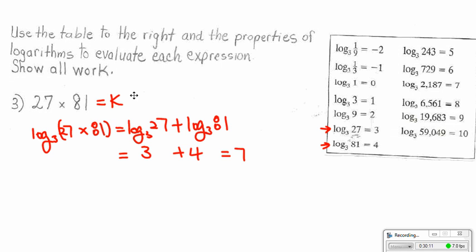That means log base 3 of something must be equal to 7, and that something is equal to k. When I see that 7 comes from right over here, the value inside must be 2187. That must be equal to k.